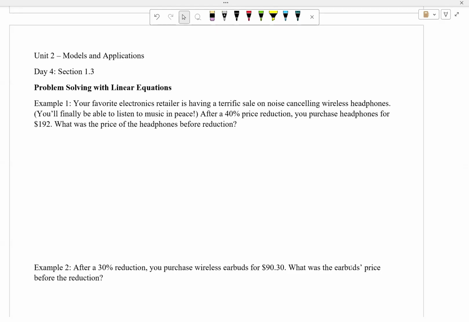Oh, if you borrowed a calculator from me, I do need it. One, two, three, four, five. What'd you get? Negative 6.71.